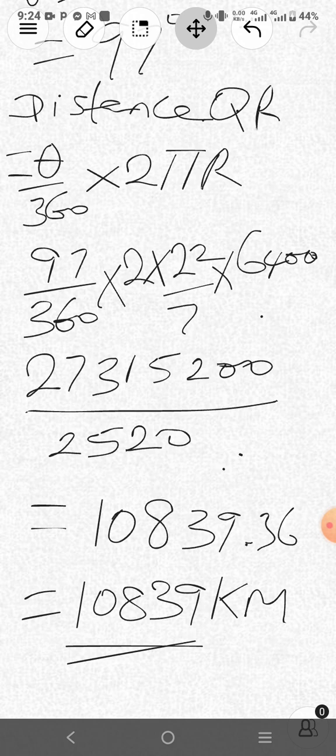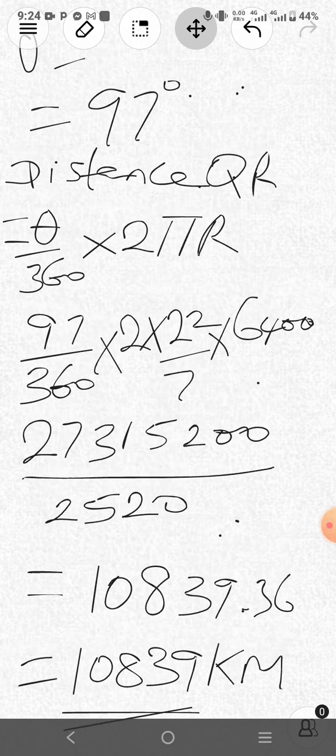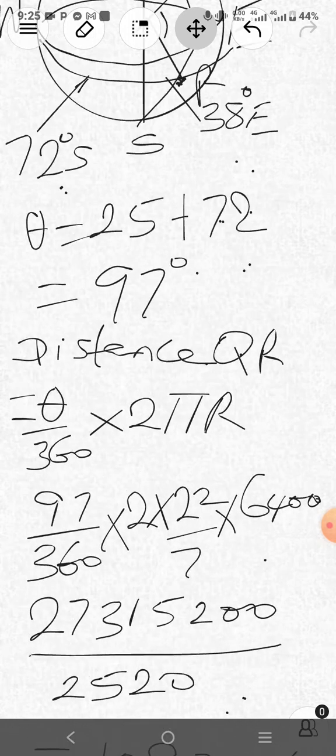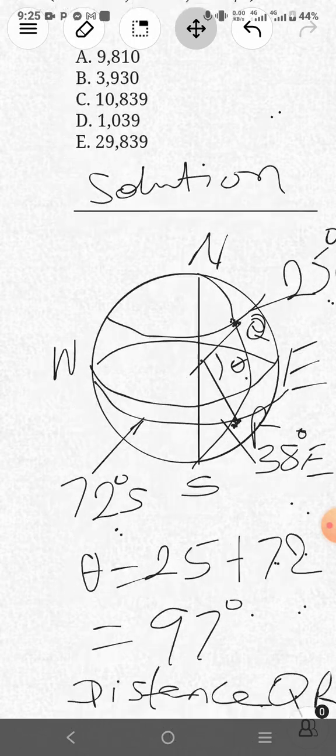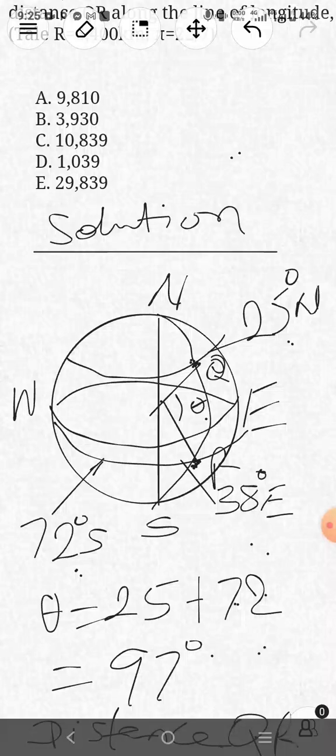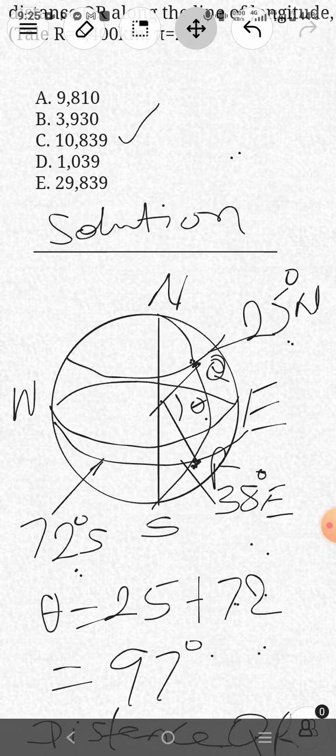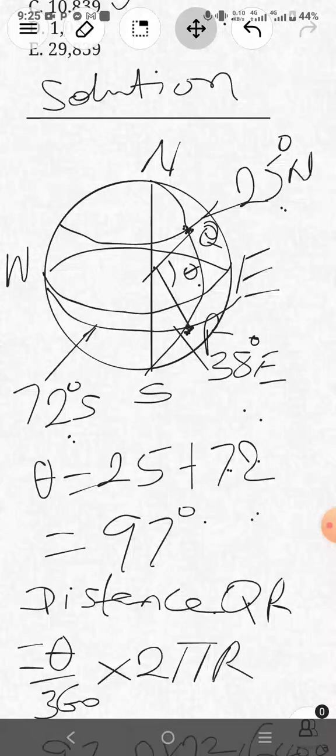Now let's look at the options given. This is a NECO question. The answer is option C, 10839.